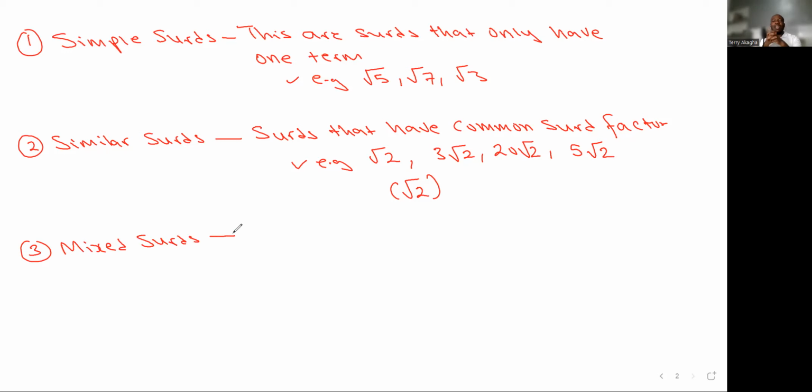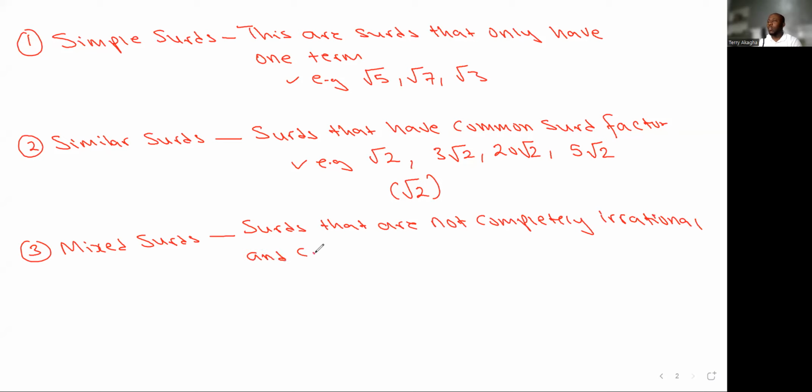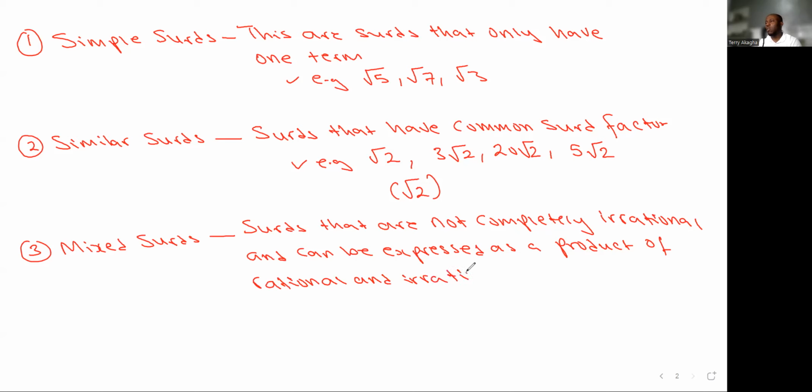Mixed surds are surds that are not completely irrational, but can be expressed as a product of rational and irrational numbers.